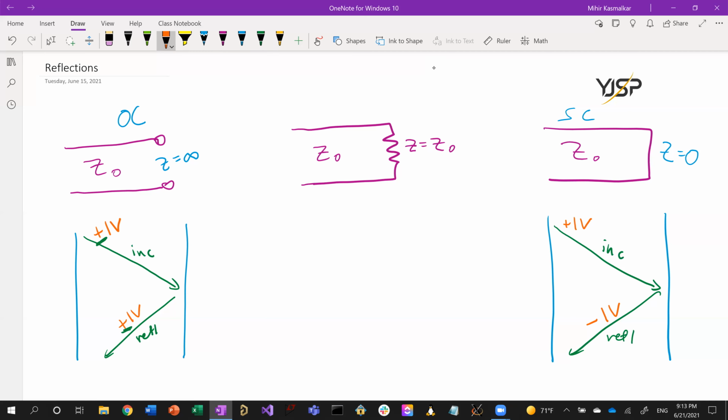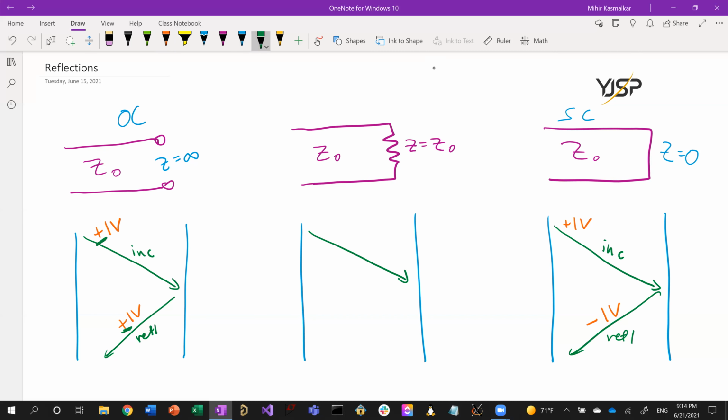So you have these two extreme cases: the Z equals 0 case, where the reflected wave has the negative polarity, and the Z equals infinity case, where the reflected wave has the same polarity. And then you have the middle ground.